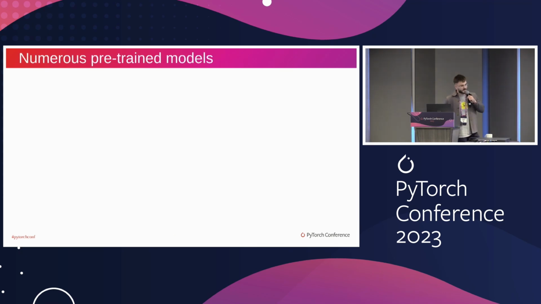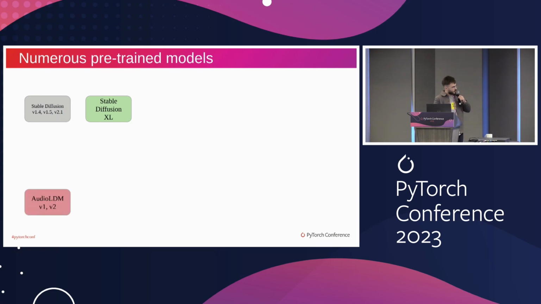And so, as I was saying, Diffusers is super useful because it assembles many different diffusion models. So we have seen Stable Diffusion version 1.5 right now with Darth Vader, but there's also Stable Diffusion XL like at the beginning, AudioLDM for text to audio, Shap-E for 3D point generation.